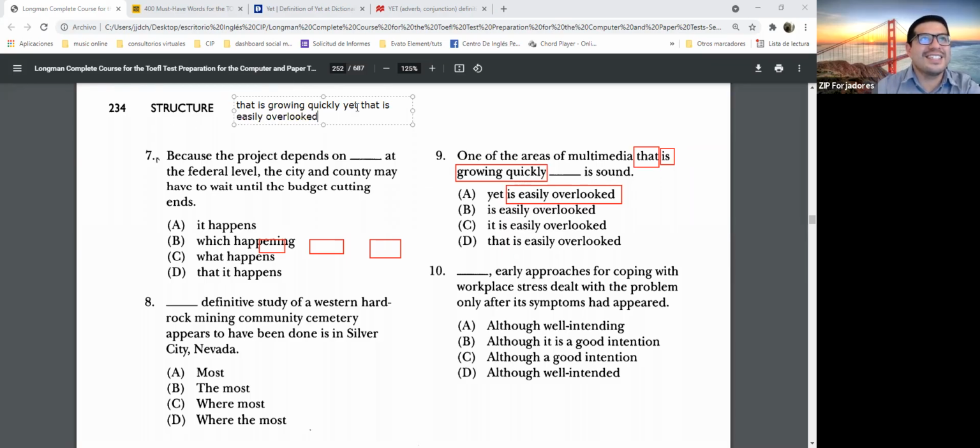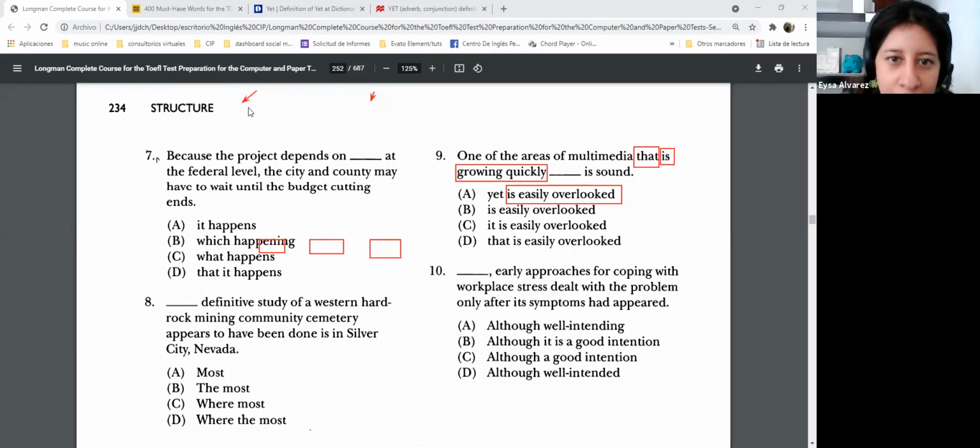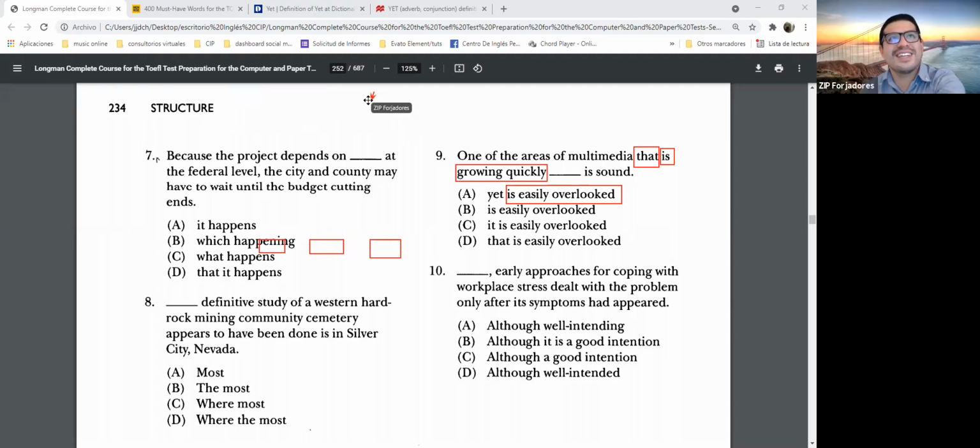So jet is not the subject, of course, it is a conjunction, but imagine that this is the subject of the first one and this is the subject of the second one. But we are not going to use that, because that is the subject of all the clauses. Do you understand it? All right. So that's why we are not going to use a subject after jet, and it's a conjunction that is joining two clauses.